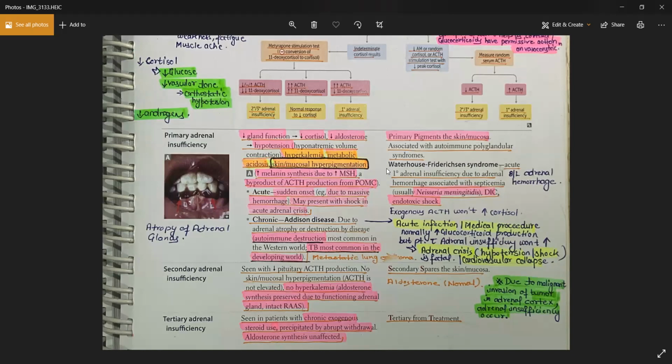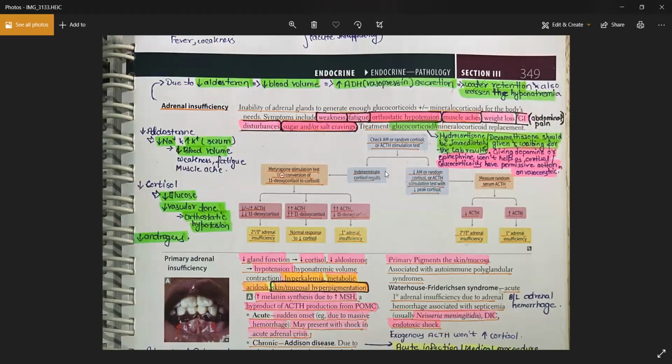And the same flow diagram is there. First we will check the random ACTH and cortisol, and the ACTH stimulation test. This test is basically used to check whether my hypothalamus, pituitary, and adrenal system is intact or not. Remember the metyrapone stimulation test? It inhibits the conversion of 11-deoxycortisol to cortisol by inhibiting what enzyme?